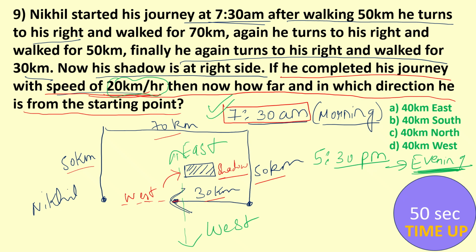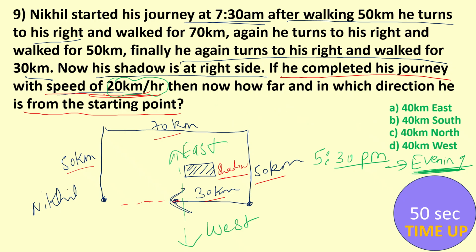Understanding, right? So you need to focus only on 5:30. 5:30 means evening, and at evening the shadow falls at the east. So east will be here and opposite of that will be west.